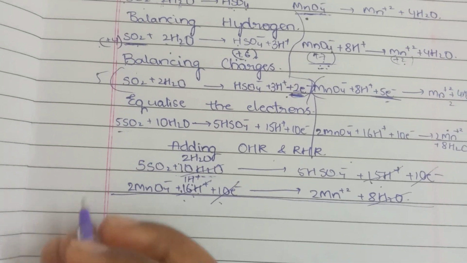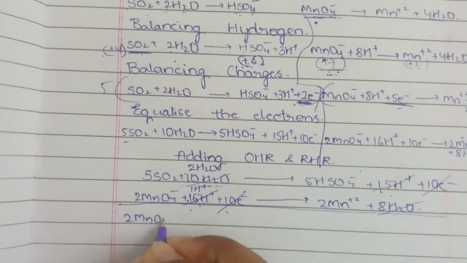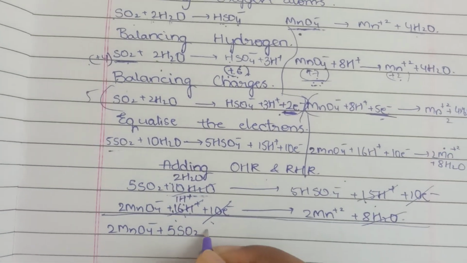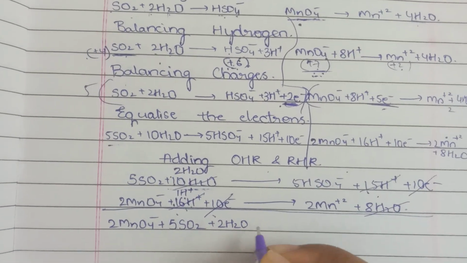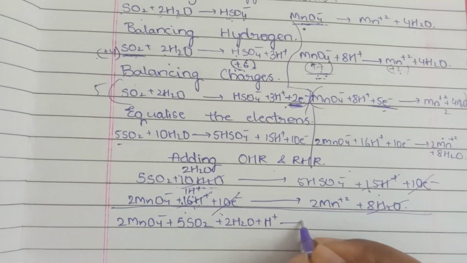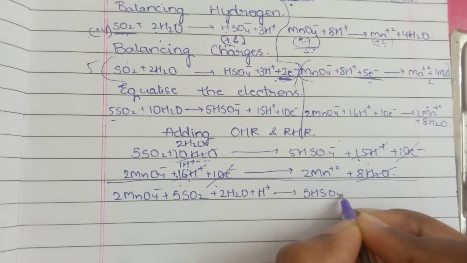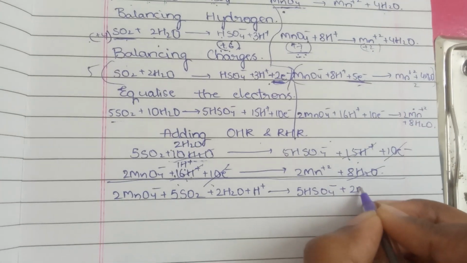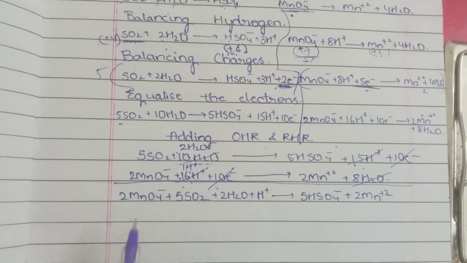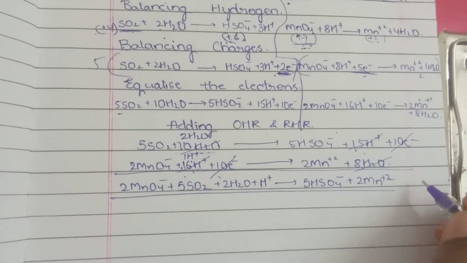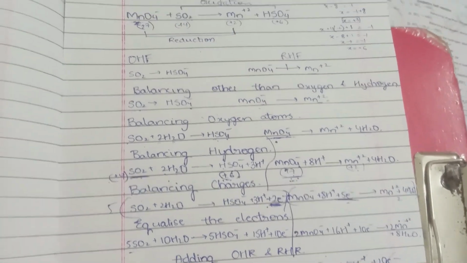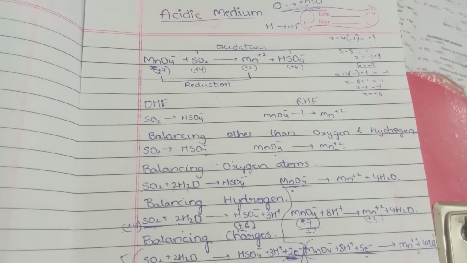So now same side we'll add: 2 MnO4 minus plus 5 SO2 plus 2 H2O plus 1 H+ gives rise to 5 HSO4 minus plus 2 Mn+2. We did not leave anything. Yes. So this is our final balanced equation. This process is for acidic medium.